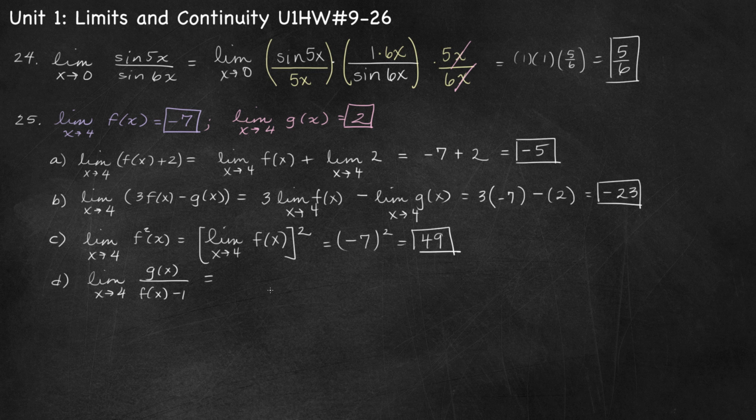Part D, the limit as x approaches 4 of g over f minus 1. So this will be the limit as x approaches 4 of g of x divided by the limit as x approaches 4 of f of x minus 1.